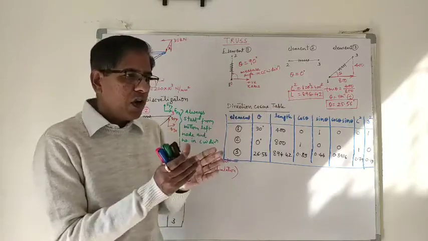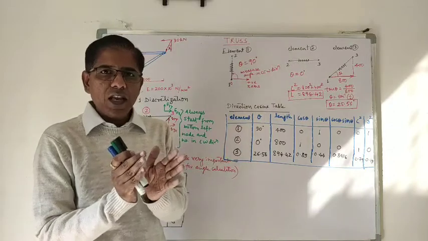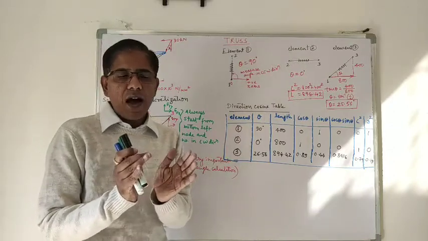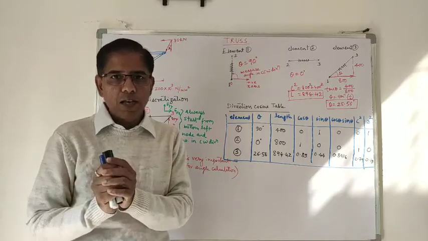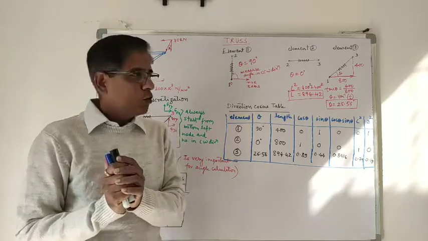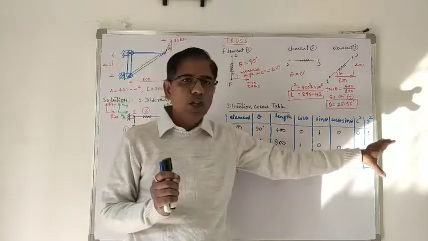So we have made certain tricks from which we can evaluate the answer in a very precise amount of time. So for that, we generally see the direction cosine table.